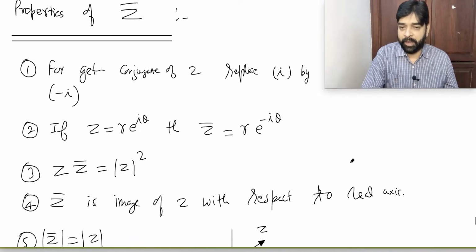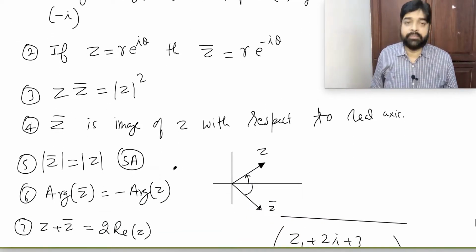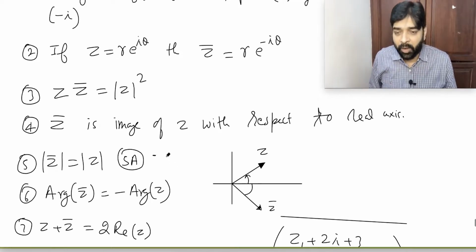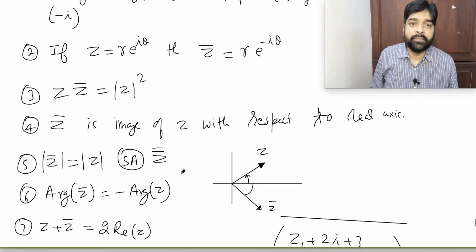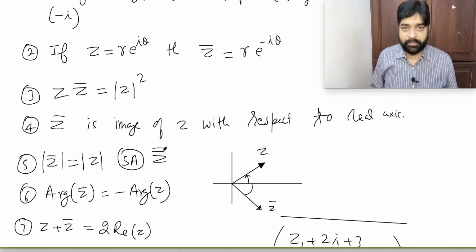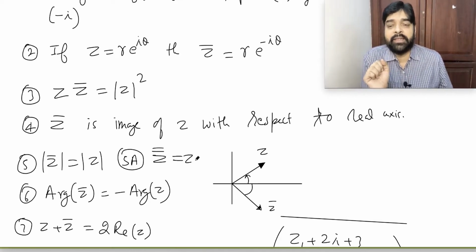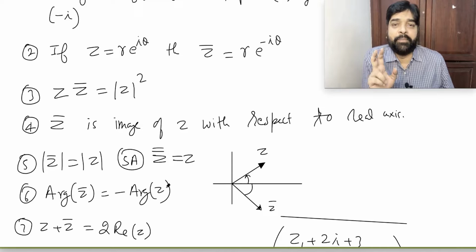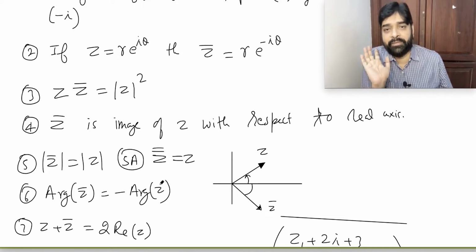One more property I want to write. 5a. Simply, what is z bar bar? What is z bar bar? Z itself. If the bar comes an even number of times, every bar will get cancelled. If an odd number of times, a single bar will be left.